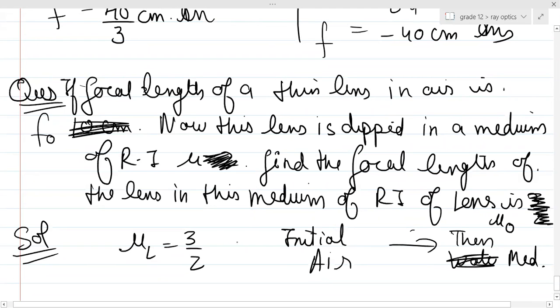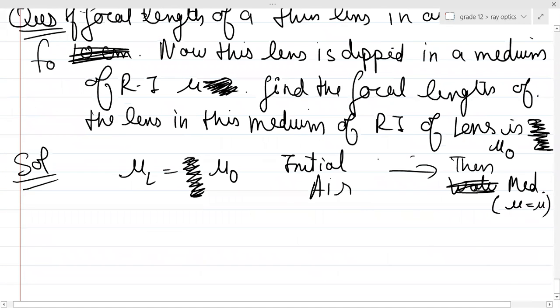No value is given to you. The medium of the lens is given to be mu naught. Initially it was in air and then in a medium of refractive index mu. Then find out how you will do it. Whenever this type of questions are very important, because it can come in your school as well as your competitive exams, always, because I've seen this type of questions many times.